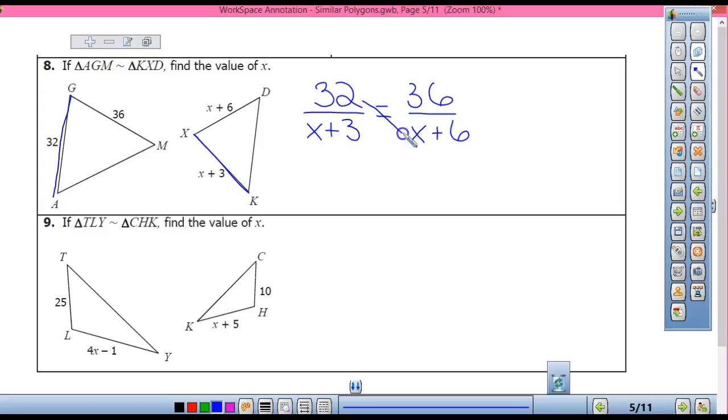So we got to do our distributing, right? Don't forget that. 32x plus 192 equals 36x plus 108.